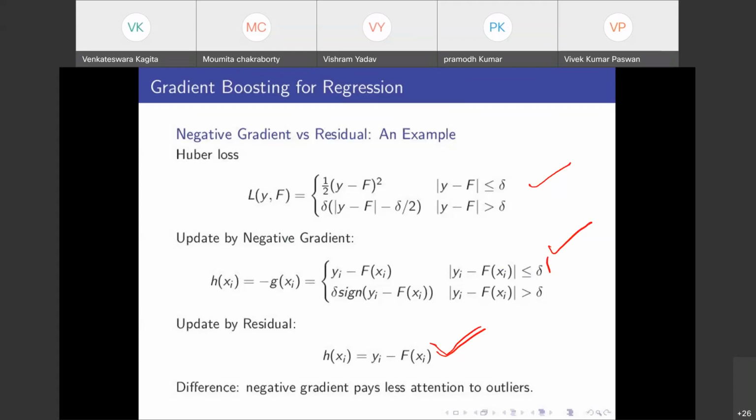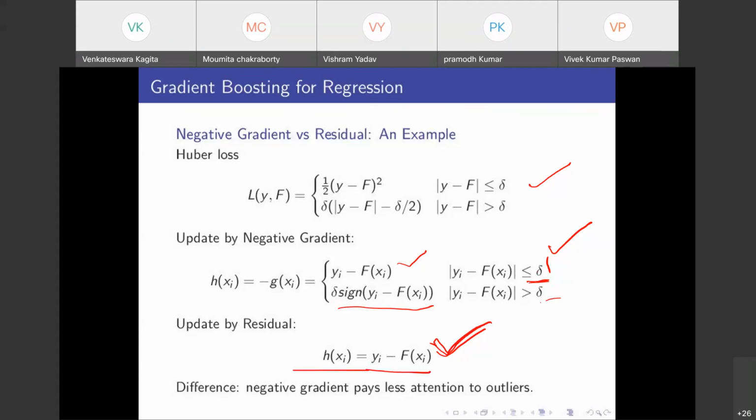The difference here is that the negative gradient pays less attention to the outliers, because if the residual is less than a certain threshold, only then are you applying yi minus f of xi. If it is greater than the threshold, then you are considering something different. Whereas in this case, for any case, it is only considering the residual part.